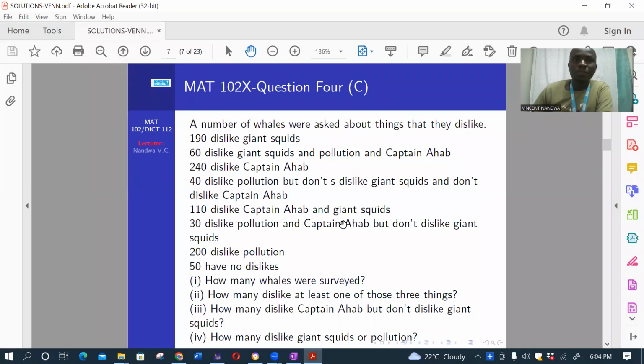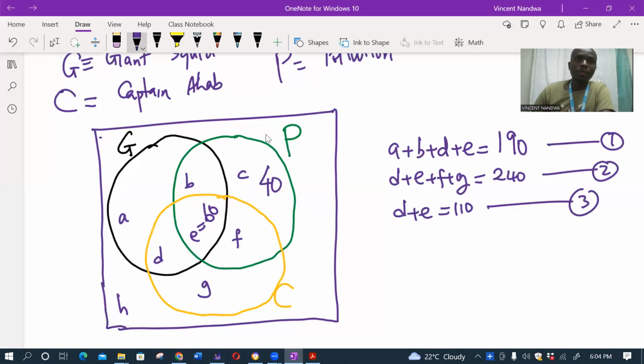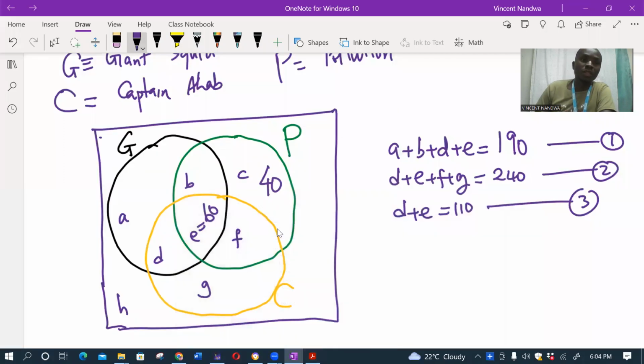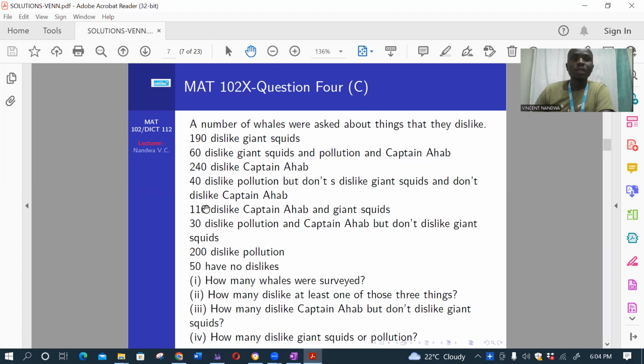30 dislike pollution and Captain Ahab, but don't dislike giant squids. So you are in P and also at the same time you are in C, but you shouldn't be counted in G. P and C meet at E and F, but because we don't want to be in set G, we exclude this part E. Okay, 30 dislike Captain Ahab and pollution, but don't dislike giant squids.